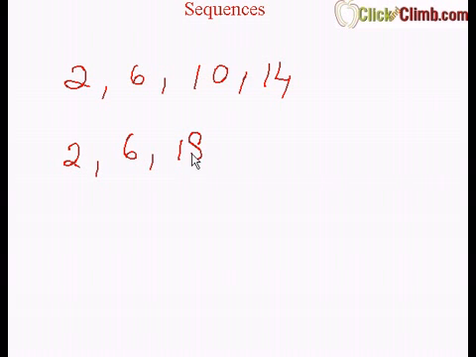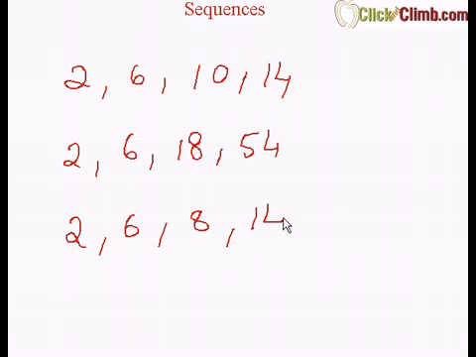So today we'll be dealing with sequences. Now, what is a sequence, right? A sequence is a set of numbers that follows a particular pattern. Suppose I have a pattern 2, 6, 10, 14, or a sequence like 2, 6, 18, 54, or another sequence like 2, 6, 8, and 14.